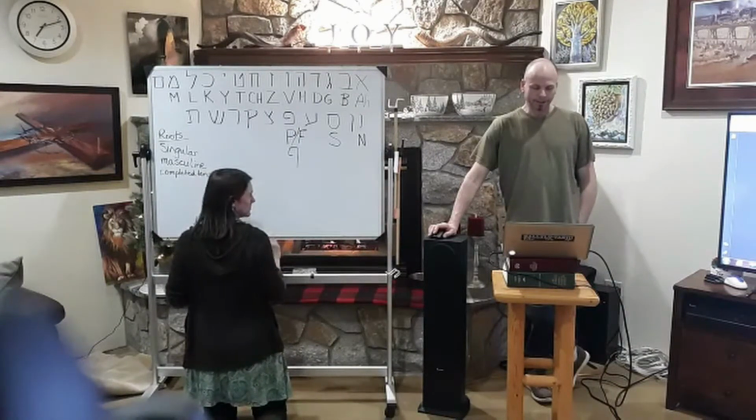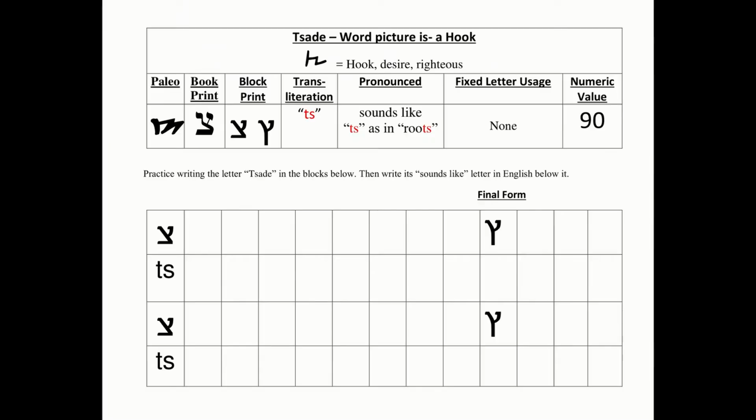And going on to Zade. Zade is a TS sound, as in nuts. That's the hardest one for me. It's like silently saying nuts, T, and then starting over. To me, the Zade was really hard to learn how to write. I kept having trouble writing it backwards when I was learning that.